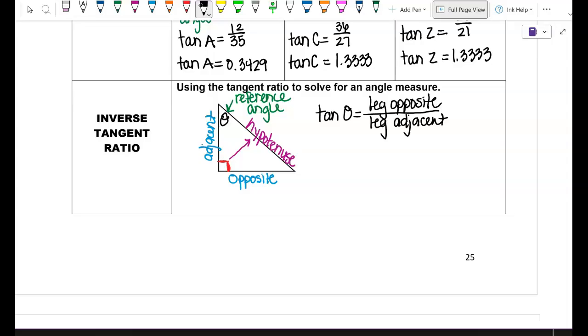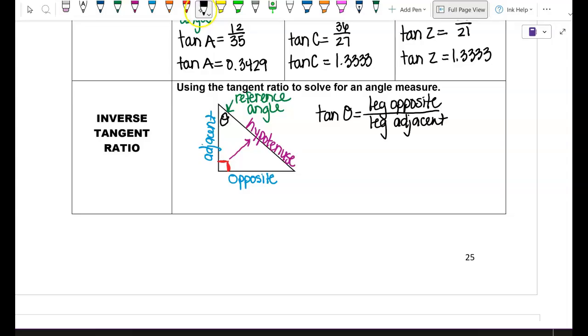But I don't want to know what the tangent of theta is when I'm trying to find out what theta is. That means I need to move the tangent from one side of the equation to the other. When we do that, because the tangent of theta is really like a multiplication problem, we would have to divide. And when we divide something and move it to the other side, if we want to take it out of the denominator, we use that exponent of -1. And that's what happens here.